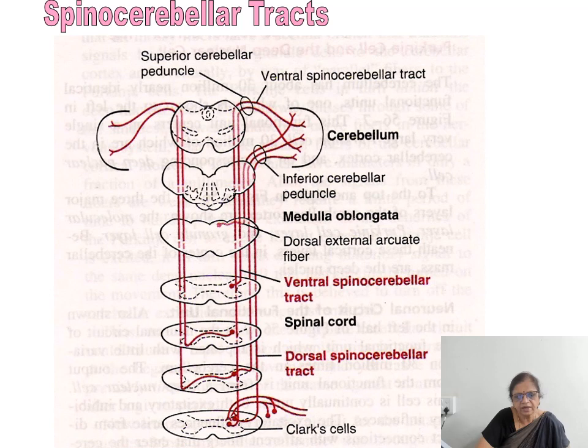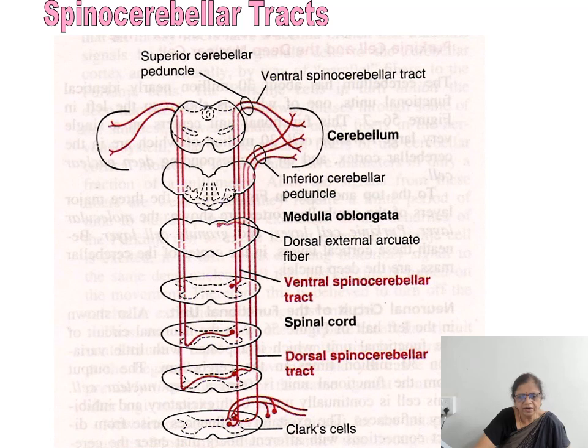From there they will ascend upwards, passing through the dorsal part of the lateral funiculus of the spinal cord and the upper segments, then enter the brainstem: medulla, pons, and midbrain. But through the inferior cerebellar peduncle they will enter the cerebellum and terminate there. So this is about the dorsal spinocerebellar tract.